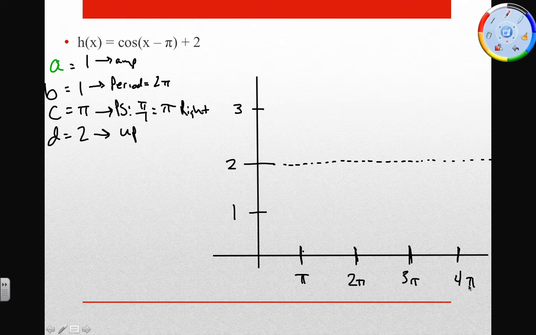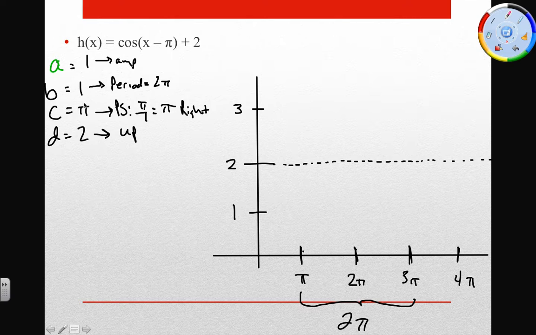We're not going to need it, though. 1 full period is 2 pi. Well, this distance between pi and 3 pi is 2 pi. Notice I've shifted to the right pi units, and I've gone 2 pi away. So this has now created my x and y axes and gives me enough information to graph. So let's change colors.